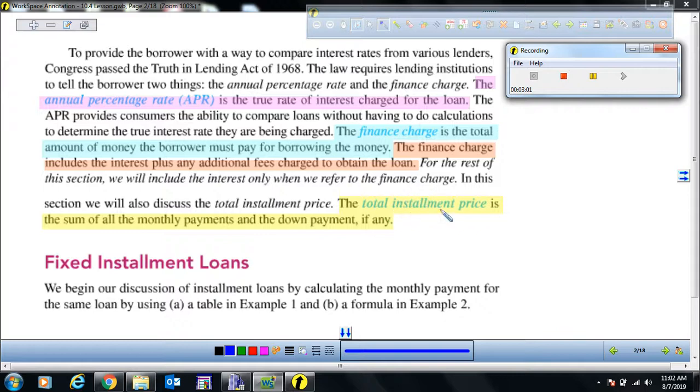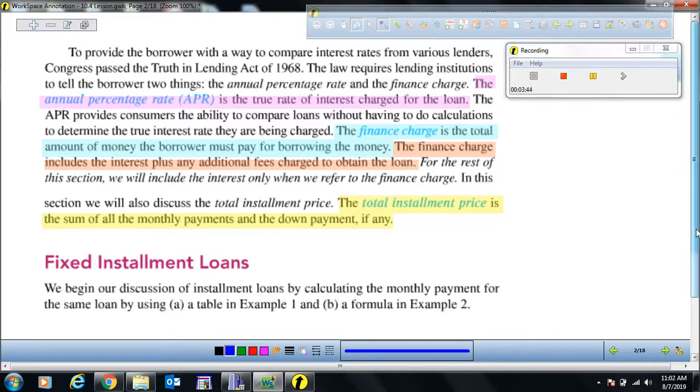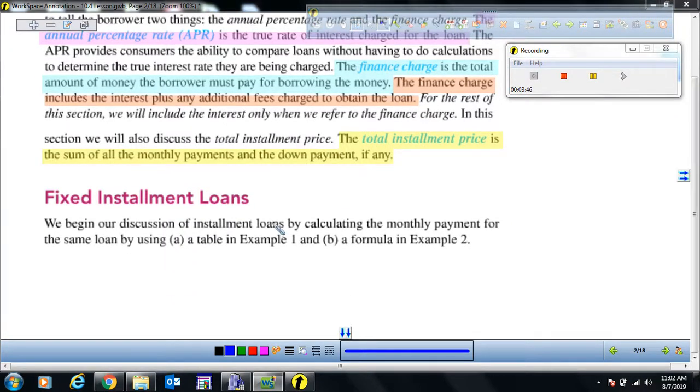The installment price is the sum of all the monthly payments and the down payment, if any. The next examples deal with fixed installment loans. We begin our discussion of installment loans by calculating the monthly payment for the same loan by using a table in example 1, and a formula in example 2.